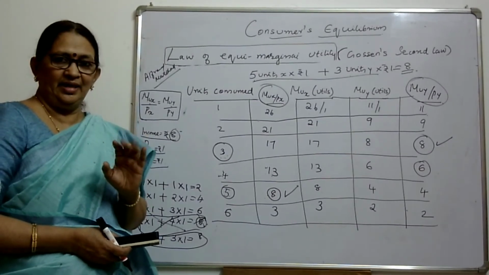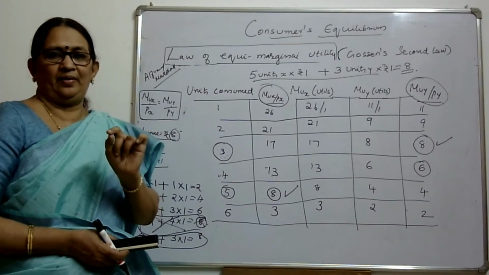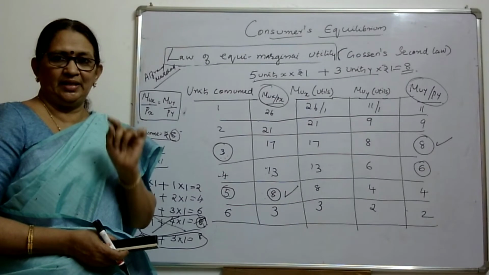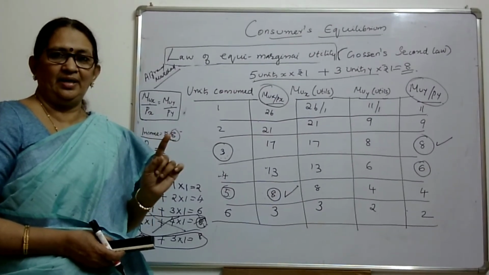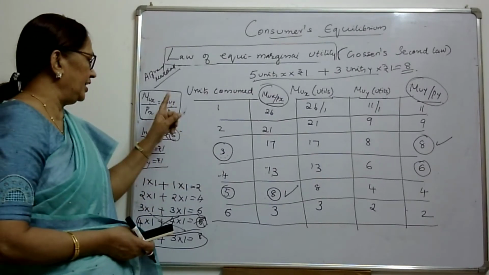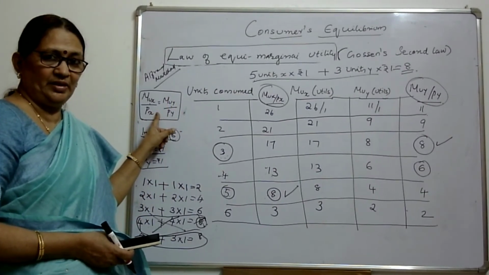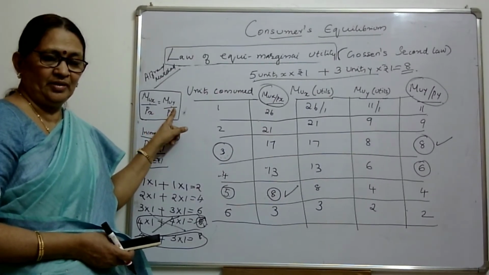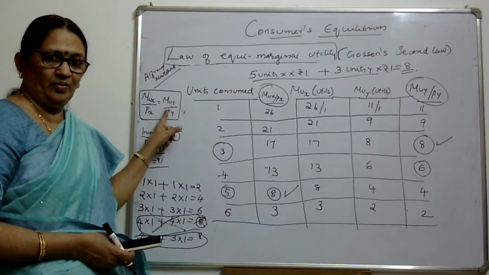Another condition, the utility derived from the last rupee spent. The satisfaction derived from the last rupee spent on both the commodities is equal. That is, the ratio between the satisfaction derived from commodity X and its price is equal to the satisfaction derived from commodity Y and the price of Y. Both are equal.